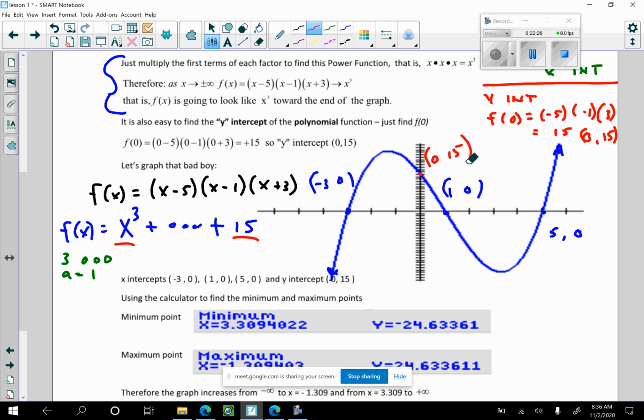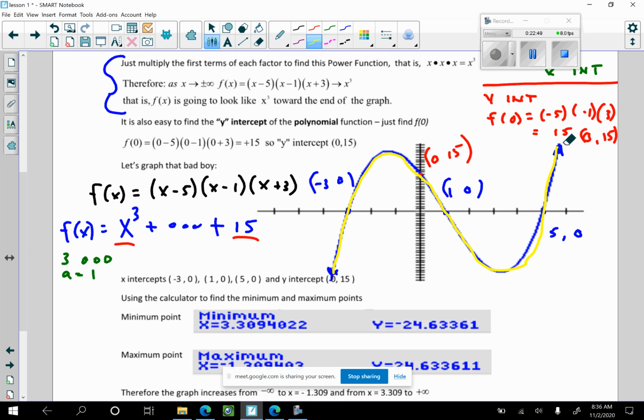What more is there on that particular graph? And look, the graph is smooth. Smooth and continuous. The other thing that you could do is now, since we have a graphing calculator, I can find the relative maximum and relative minimum points.